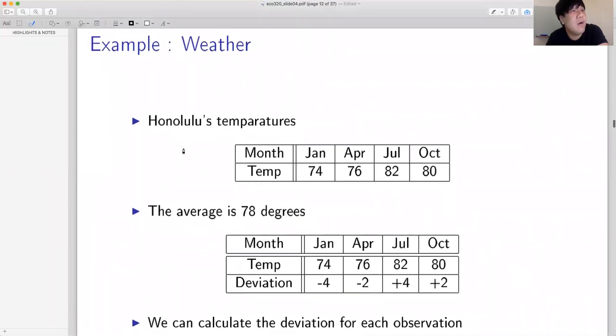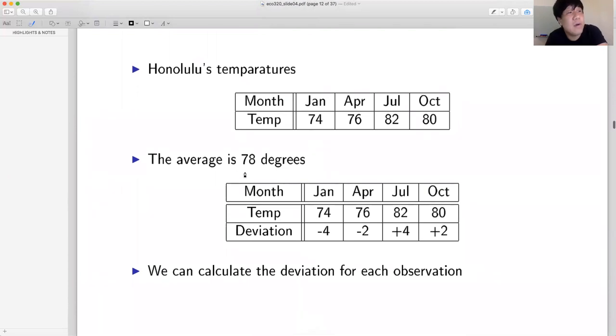Let's say I made up some numbers. Honolulu's temperature is 74, 76, 82, and 80 for the respective months, and the average is about 78. You remember how to get the averages, right? I purchased a board just today to give you a better experience.